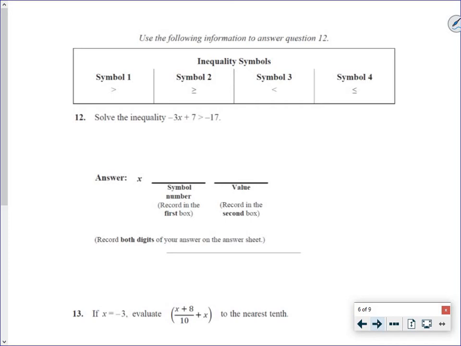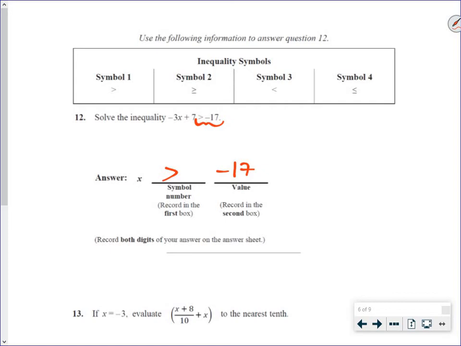Negative 3x plus 7 is greater than negative 17. So I seem to have seen a few answers that were just greater than negative 17, so it seemed to be just a partial transcription of what the question was asking. A few problems with this. It doesn't actually solve the inequality.